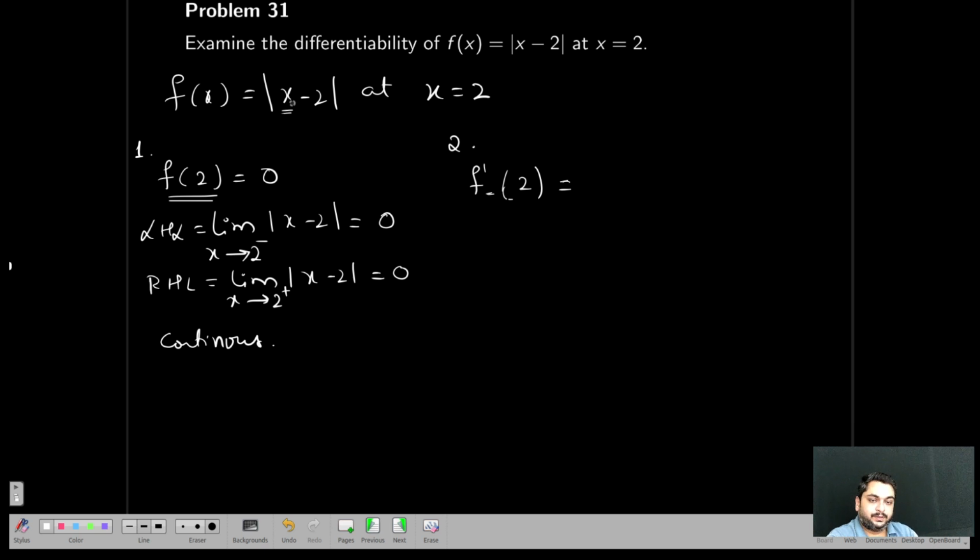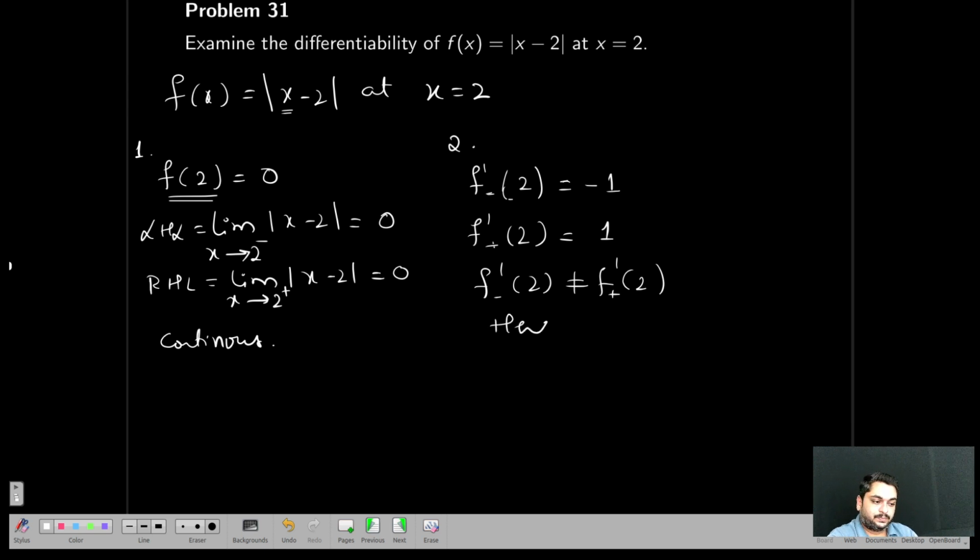That means I have to take it as minus of x minus 2. So differentiation of this will give me minus 1. Okay. Similarly, f dash at 2 from right hand side will give me plus 1. Therefore, this is not equal. Left hand derivative is not equal to right hand derivative at x equal to 2.